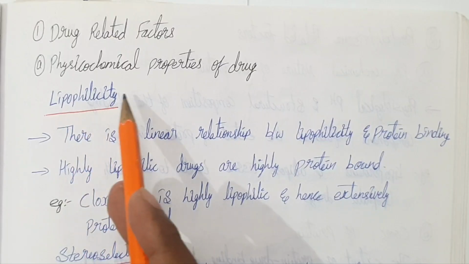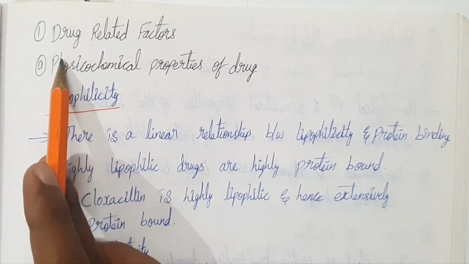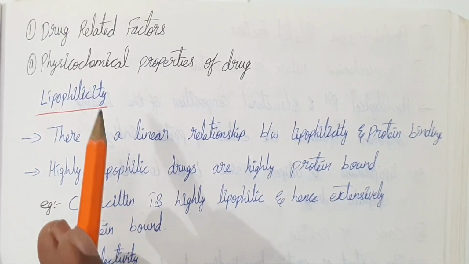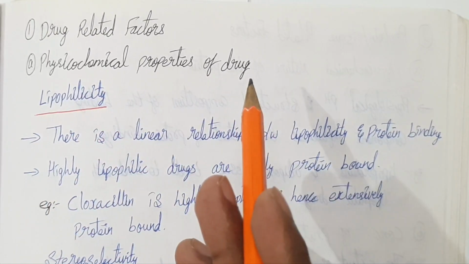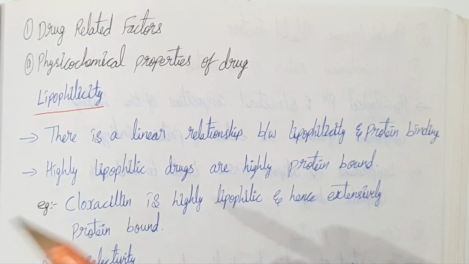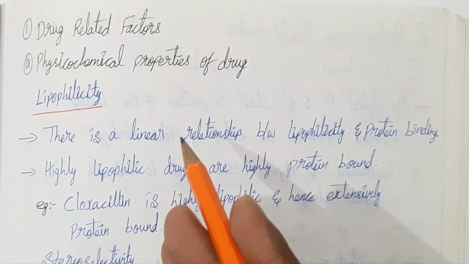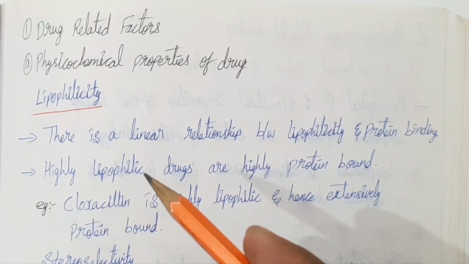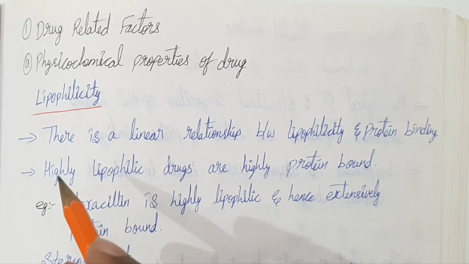Let's discuss physicochemical properties of drug in drug related factors. So this means the drug's own chemical and physical nature, like whether it's lipophilic, hydrophilic, acidic, basic, or neutral.